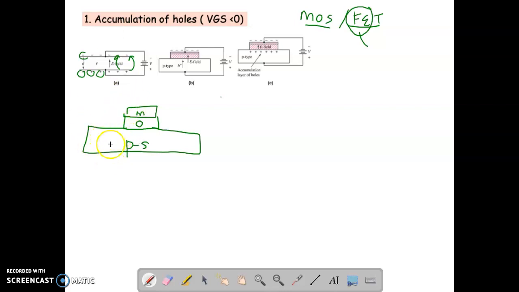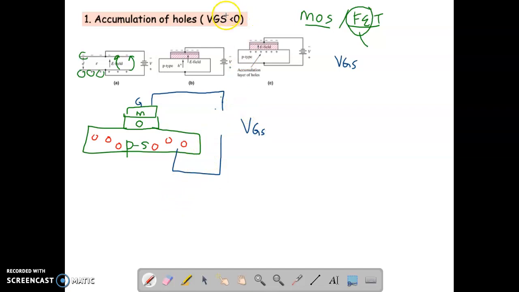A lot of holes inside your P substrate. What we're going to do now is apply a voltage that we call VGS. The middle one we call the gate, so you apply the voltage VGS towards your substrate.